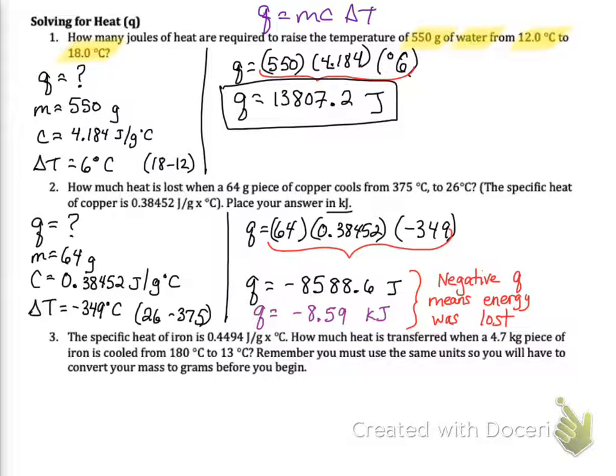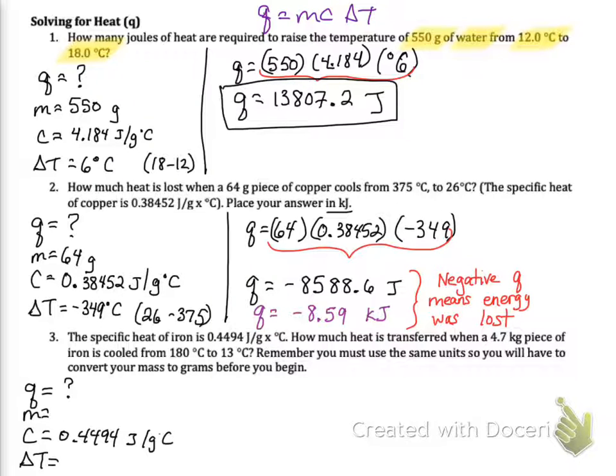Last question says the specific heat of iron is 0.4494. How much heat is transferred when a 4.7 kilogram piece of iron is cooled from 180 to 13 degrees? So I'm finding energy. And the specific heat is 0.4494 joules per gram degree Celsius.